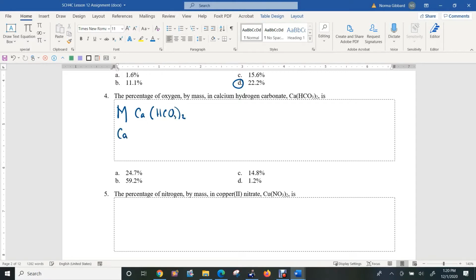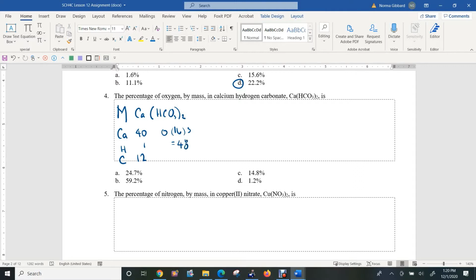Ca is 40, hydrogen is 1, carbon is 12, oxygen is 16, and we have 3 of them. Okay, so this is going to be 48.